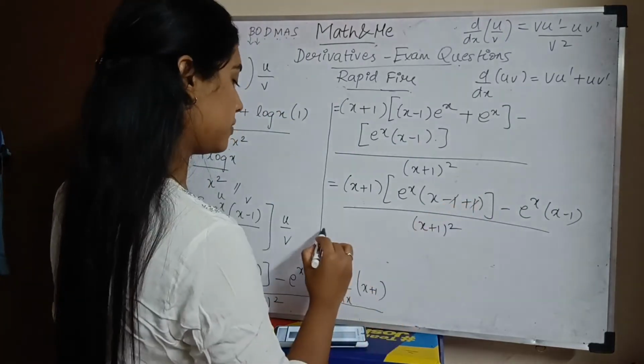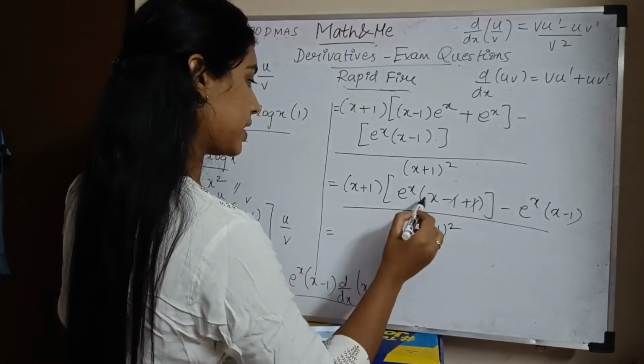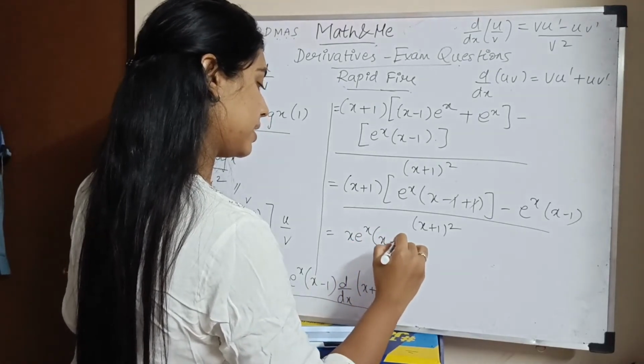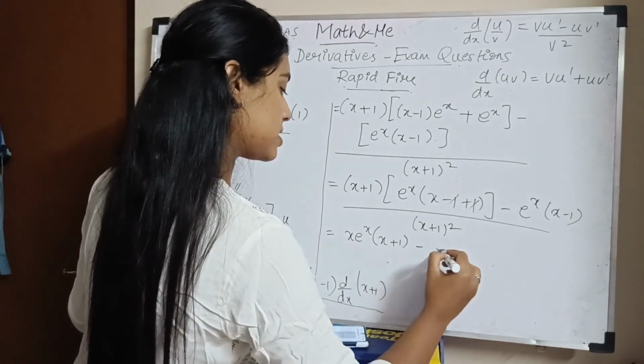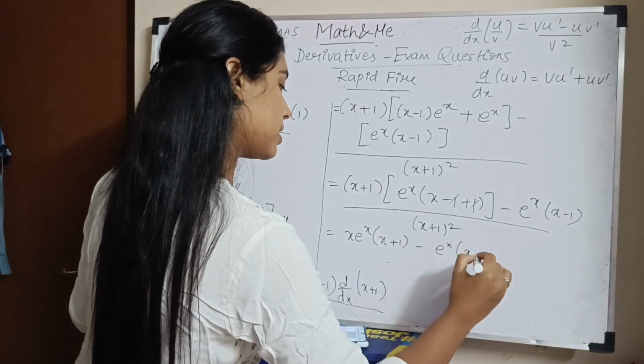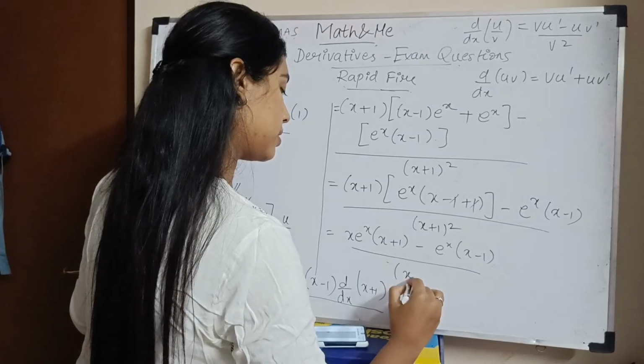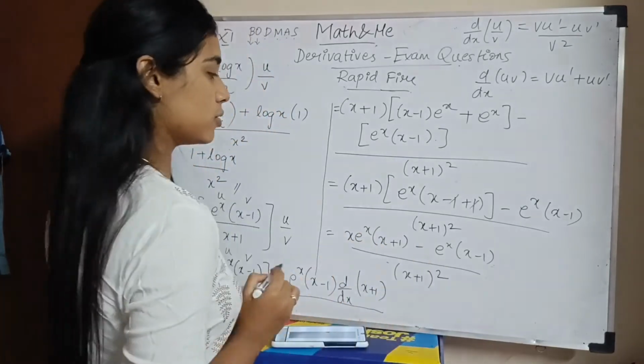So this goes off. So you have x e to the x times x plus 1 minus e to the x, x minus 1, divided by x plus 1 the whole square.